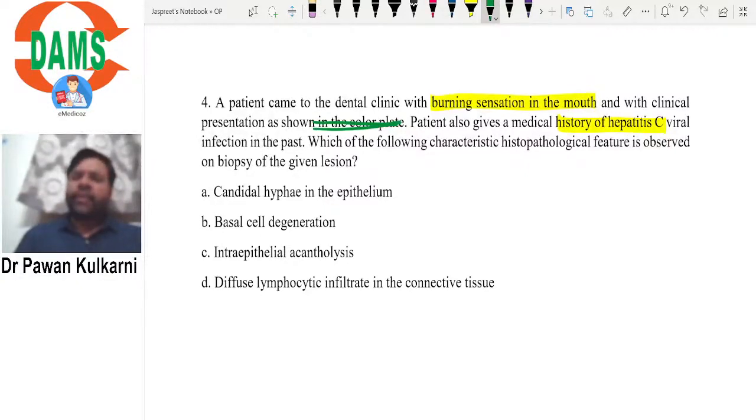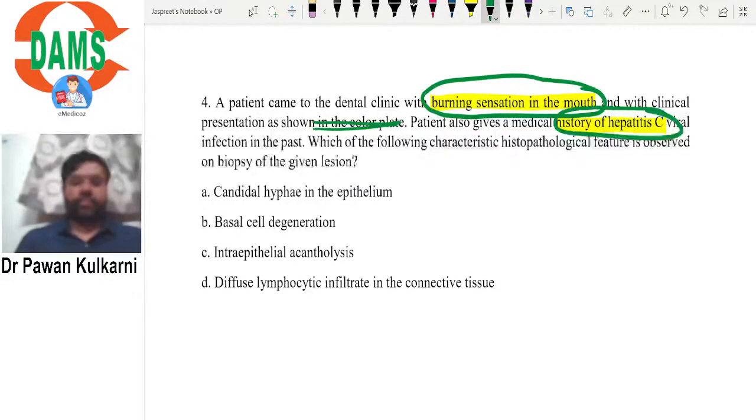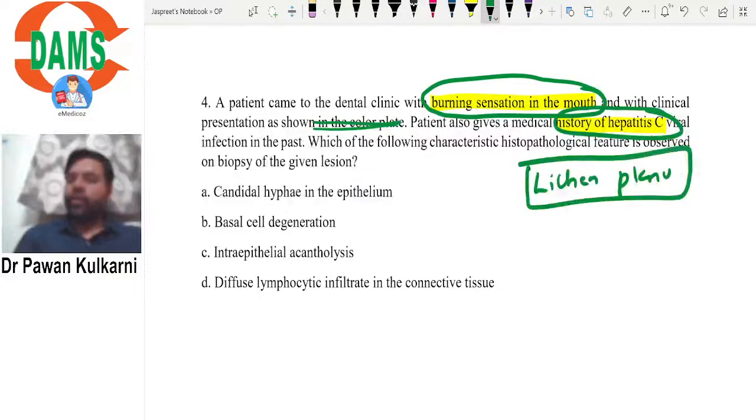Basically, the two important components you have to understand here are the burning sensation of the mouth and the association with hepatitis C virus. Burning sensation of the mouth and hepatitis C virus, what should always come to your mind is lichen planus. Lichen planus is the one you should know can be associated with hepatitis C virus.